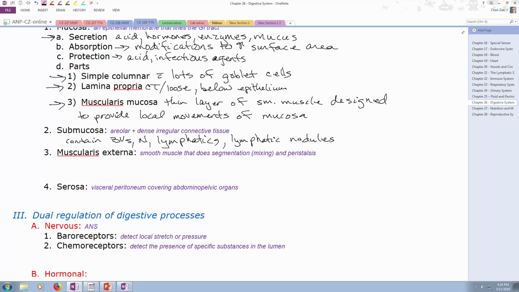Then, as we're going out, we have our muscularis externa, smooth muscle responsible for segmentation, which is a mixing process, as well as peristalsis. And we have a longitudinal layer, which is external, and a circular layer, which is internal or deeper.